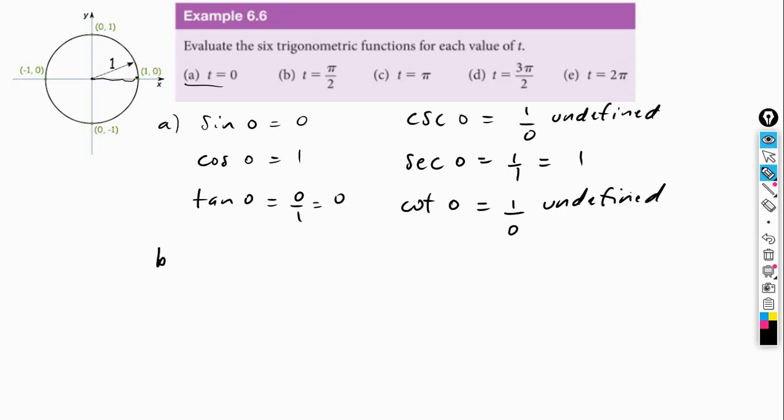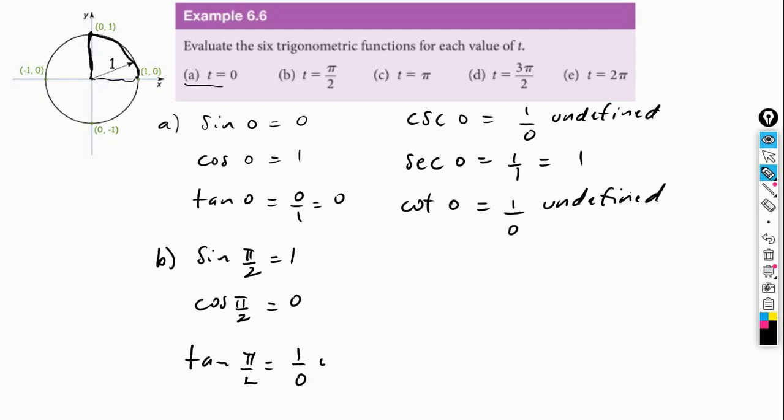For b, it says t equals pi halves. So pi halves, or 90 degrees, would be here. It would be this angle from here to there. Notice that in this case, sine of pi halves is going to be 1. Cosine of pi halves is going to be 0. Tangent of pi halves is going to equal 1 over 0, therefore undefined.